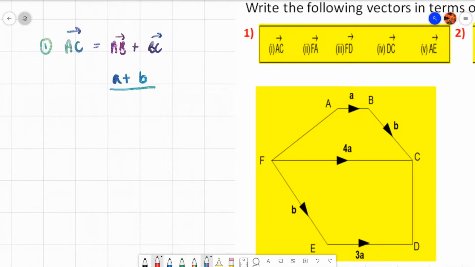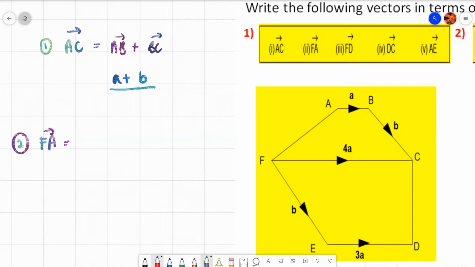Okay, next one, F to A. Well, I can't go here because there's no letter there, so I can't go through that path. The only pathways I can go by is when we've got a letter.